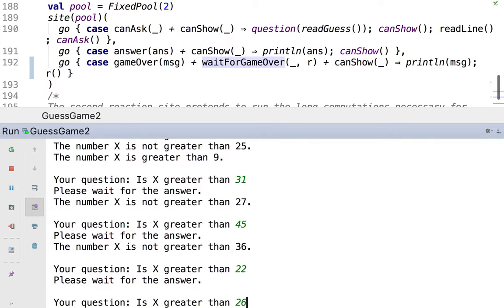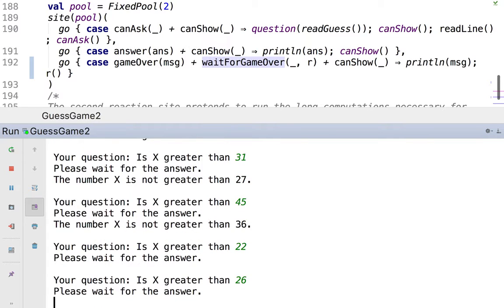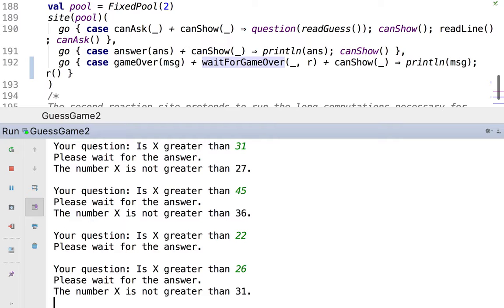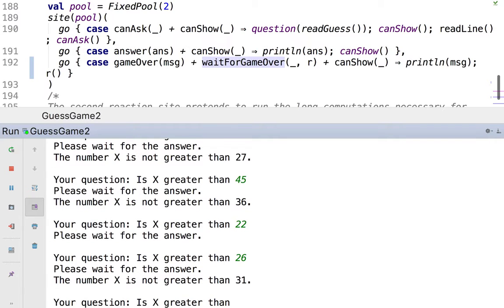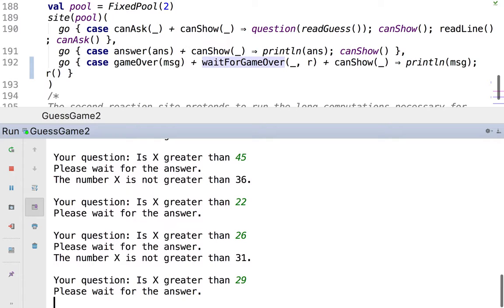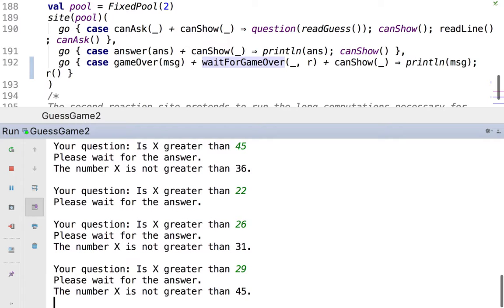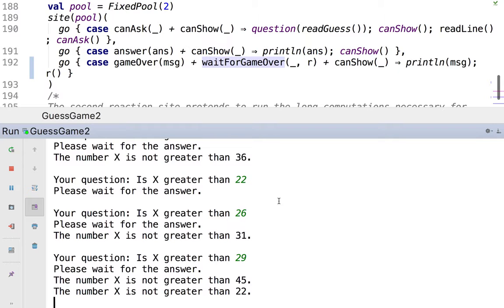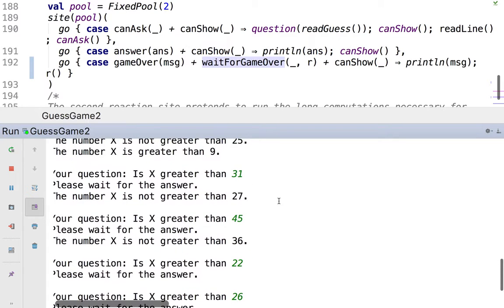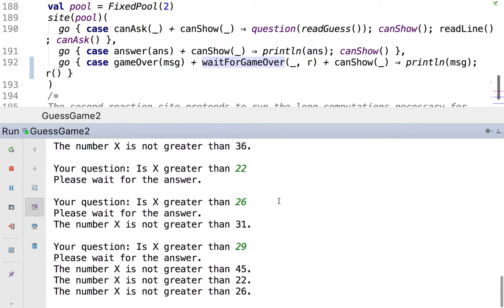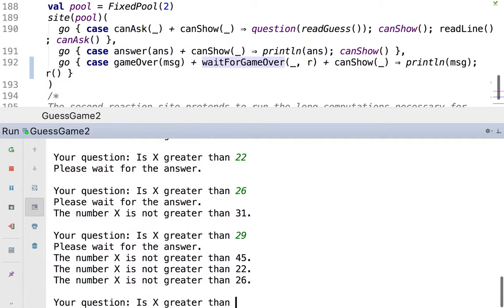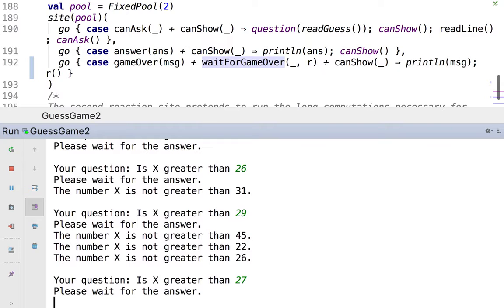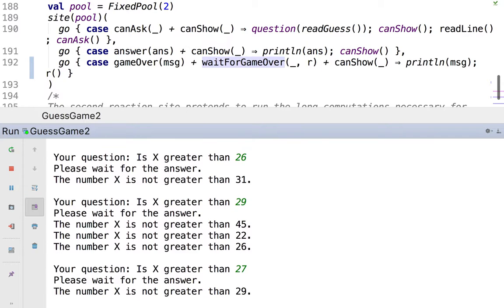Let me try 26. Let me try 29. So I'm above 25 and I am below 27. So what can I be? 27. Most likely.